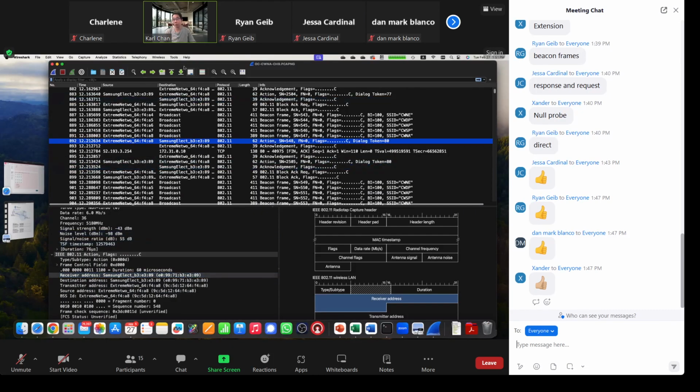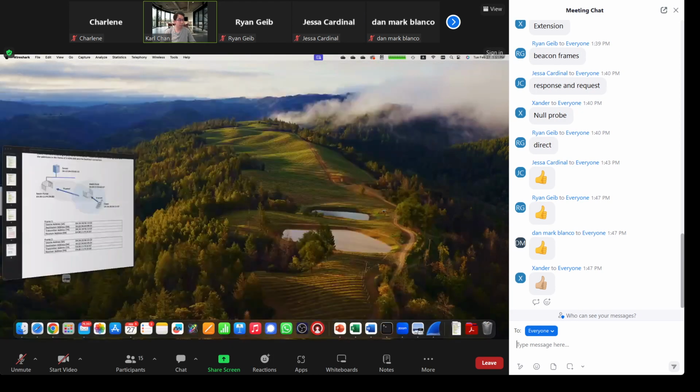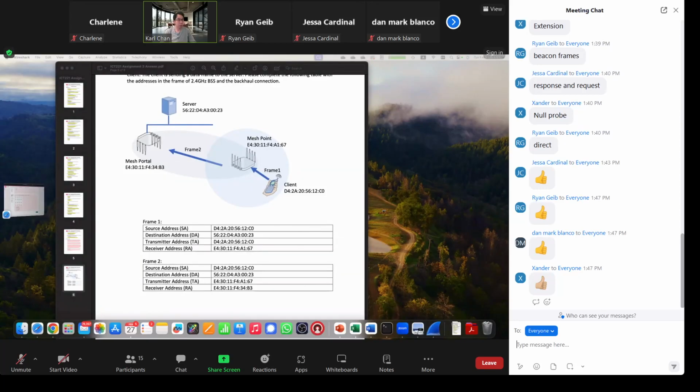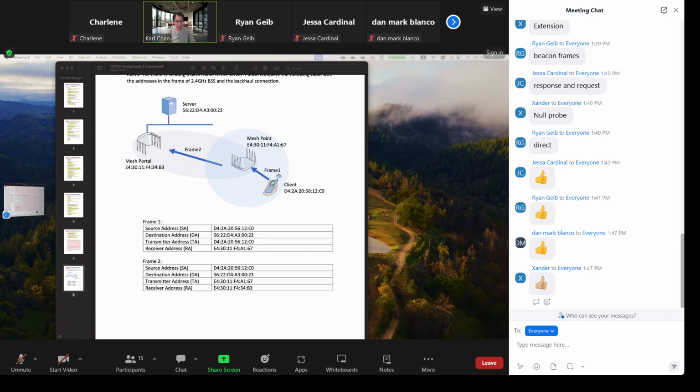Of course, if you want to capture the data frame, you need to do more configuration on the receiver because of the higher layer, higher throughput or higher standard of Wi-Fi. If you use a lower standard adapter, you cannot capture the frame.